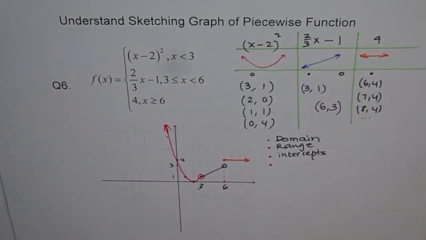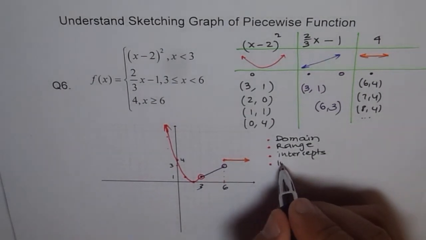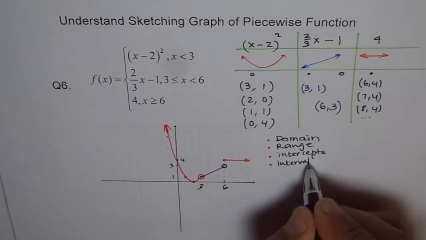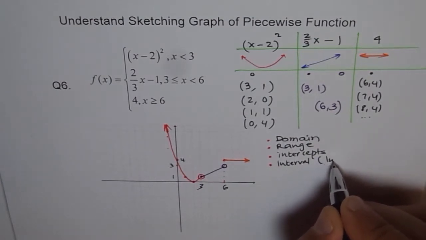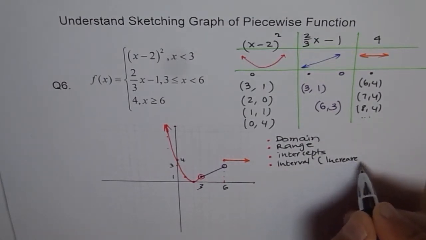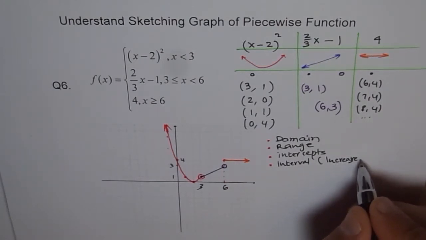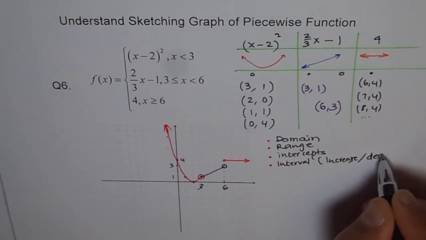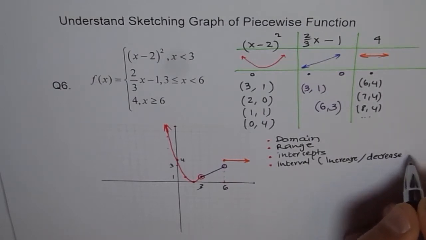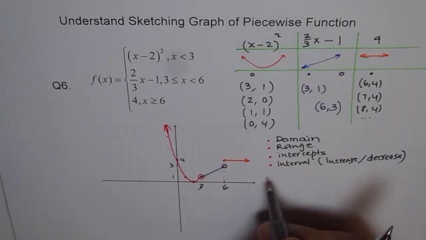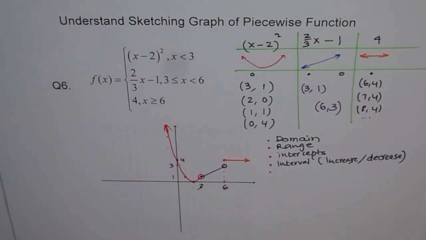And then intervals. Intervals here are for increase and decrease. Okay? And then you should think about asymptotes.